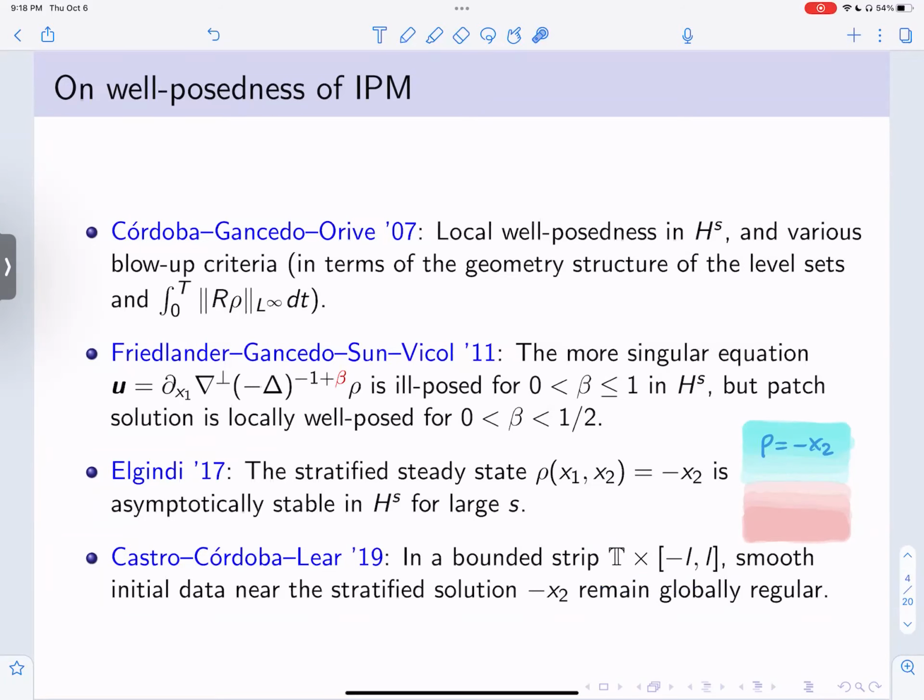They showed that here the stratified solution is still minus x2, but in this case it will no longer be a global attractor, because you may be converging to something that is not exactly the steady state, but another stratified solution that is very close, right? Because now you have these top and bottom boundaries. They show that if one perturbs in a sufficiently high H^s class, then such a perturbation will lead to a globally regular solution. So these are the only global well-posedness results for this equation so far.